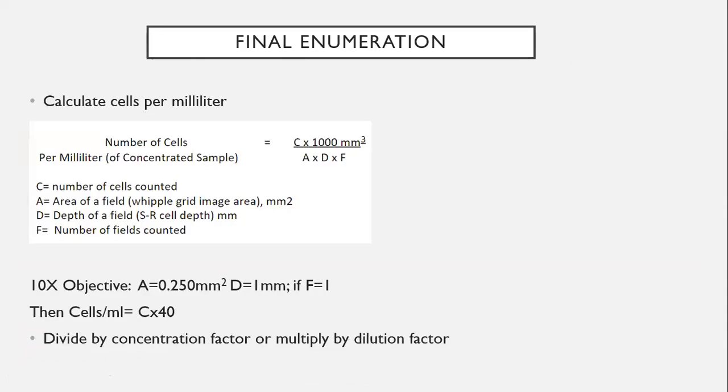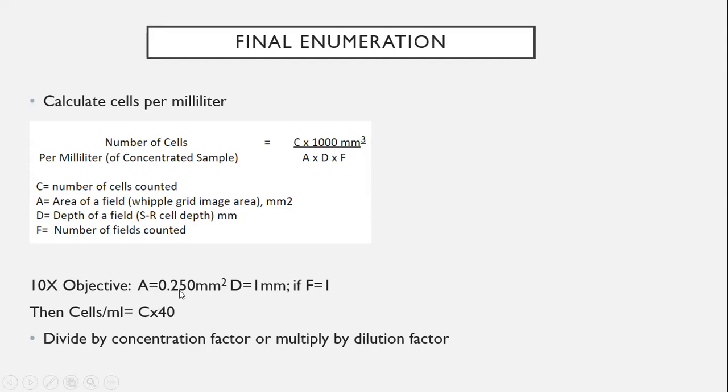So to get the final count of cells per milliliter, we use this formula here of the number of cells counted, the area of the Whipple grid or of the field, which is the Whipple grid image area, the depth of the field or the Sedgwick Rafter cell depth, and the number of fields counted. So most of these numbers are fixed when you're counting at a 10x objective.